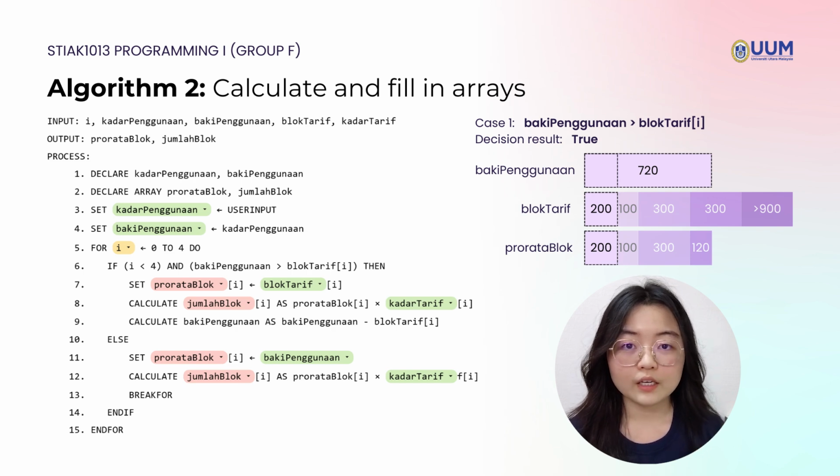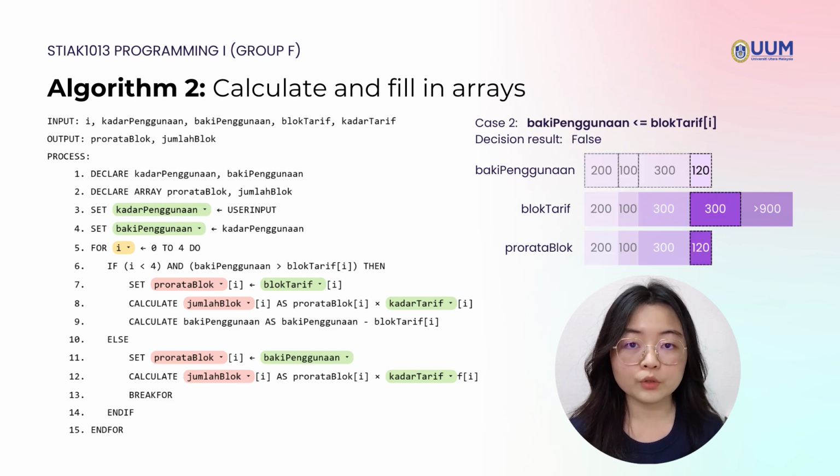Case 1, if baki penggunaan exceeds the current block tariff, the berata block will take the value of the current block tariff and baki penggunaan will be subtracted for the next iteration. Case 2, if baki penggunaan is less than or equal to the current block tariff, the berata block will take the value of the baki penggunaan.